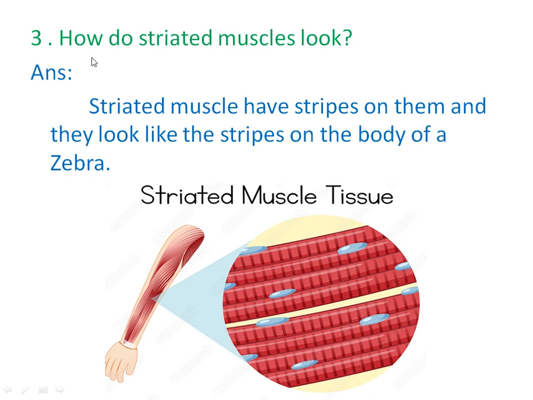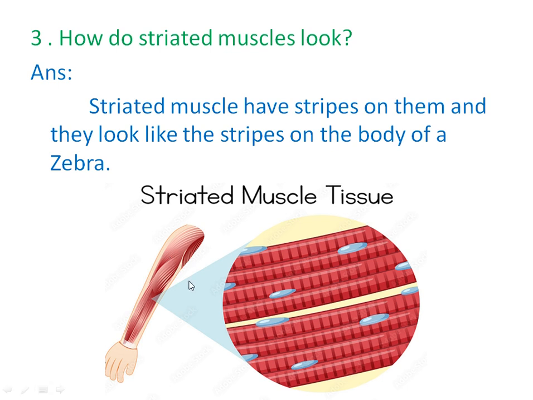Third question. How do striated muscles look? Answer is, striated muscles have stripes on them and they look like stripes on the body of the zebra. See, this picture is an example for the striated muscle tissues.